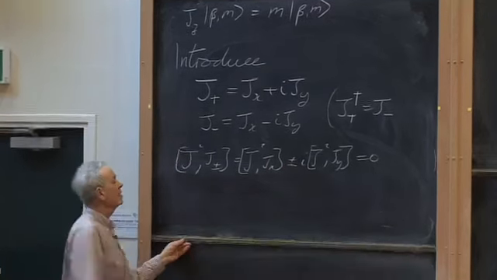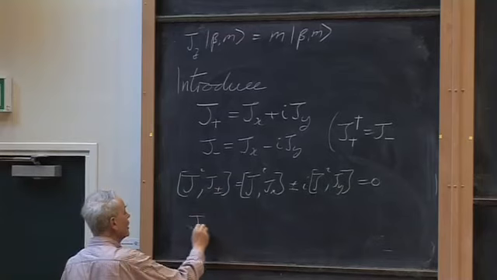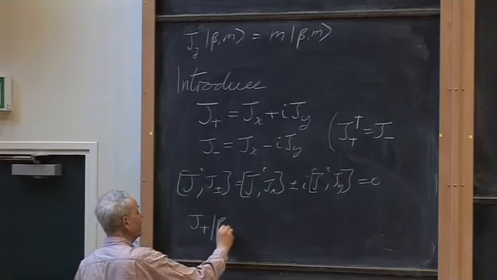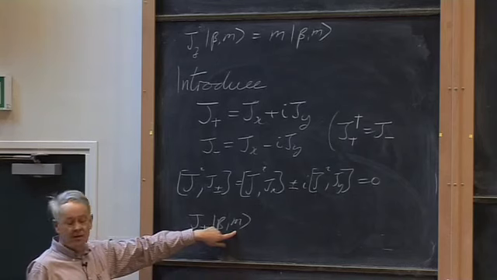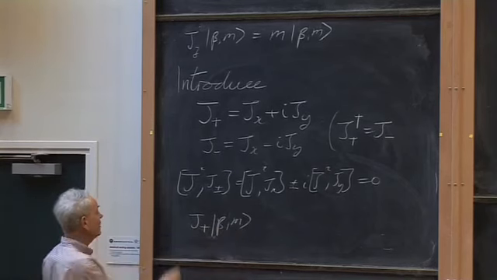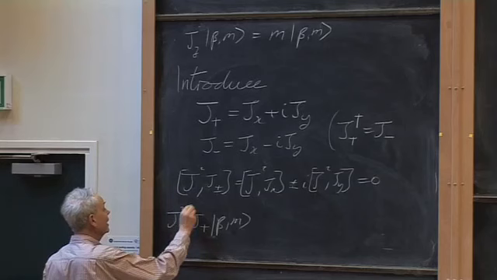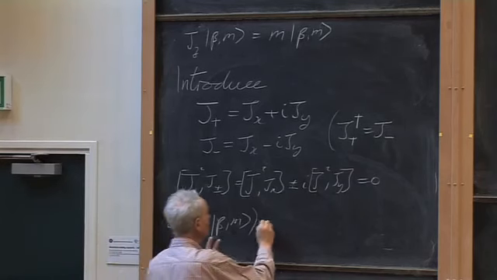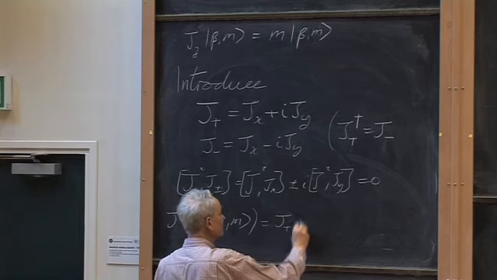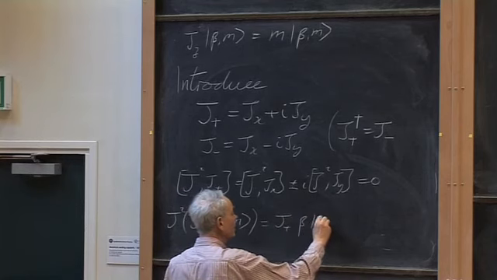That tells us that if you take J plus on beta m, you use this non-trivial operator on this state, you get some other state. What can we say about this other state? Well, one thing we can say is that J squared applied to it, because you can swap these two over, is the same as J plus J squared beta m.